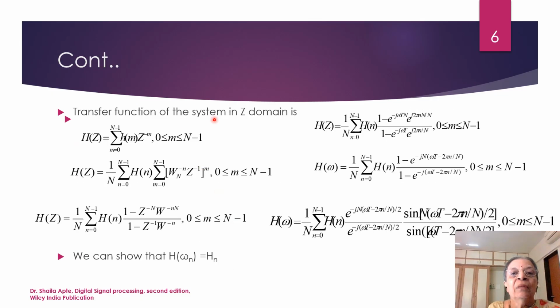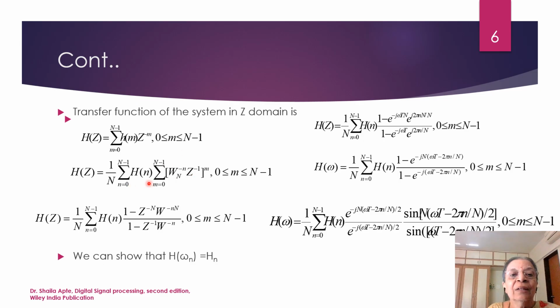Now we'll have to take the transfer function in the z domain for this h(m). So what will be H(z)? H(z) is summation m varying from 0 to N minus 1 h(m) z raised to minus m. So we just put the value of h(m) over here using the inverse DFT.